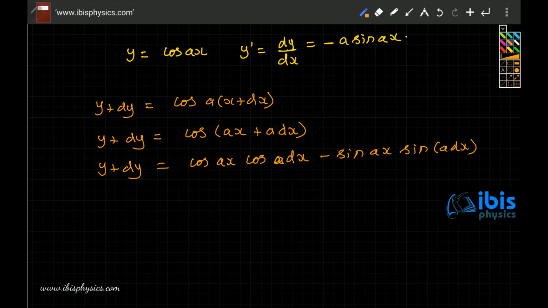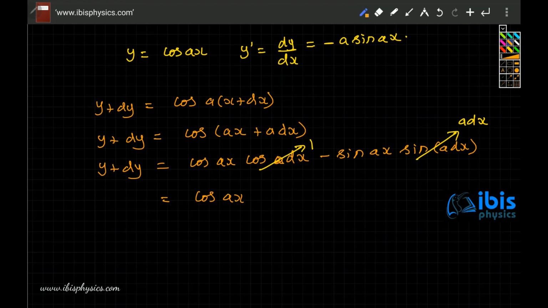When you multiply let us say 0.0001 with 5, the 5 becomes 0.0005, right? In the same way, cos of a small value is 1, so it is simply cos ax. Sin of a small value is small value, so it is a dx.